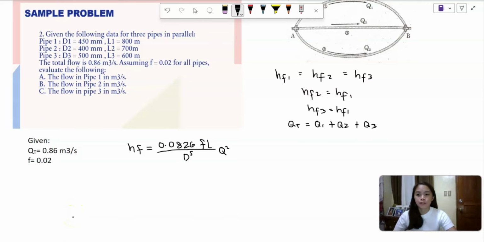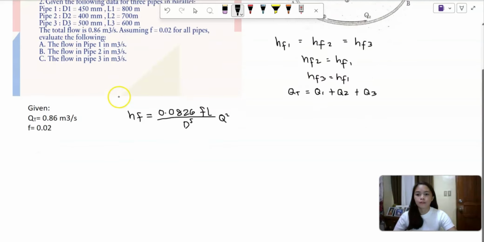And pipe 3 is 500 millimeter in diameter and 600 meter in length. The total flow is 0.86 cubic meter per second. Assuming the friction factor is 0.02 for all pipes, evaluate the following. First, the flow in pipe 1 in cubic meter per second. Second, the flow in pipe 2. And third, the flow in pipe 3.